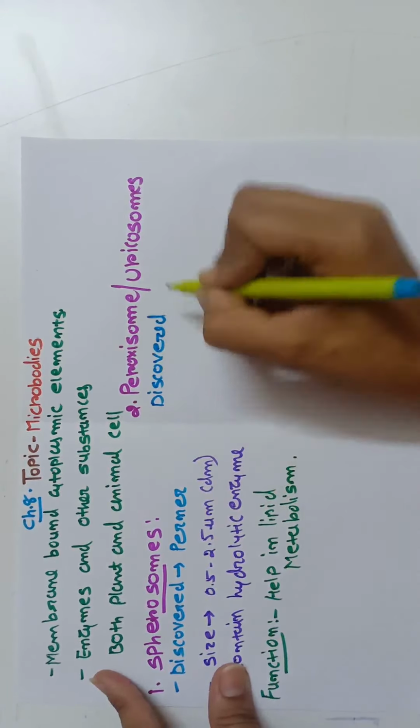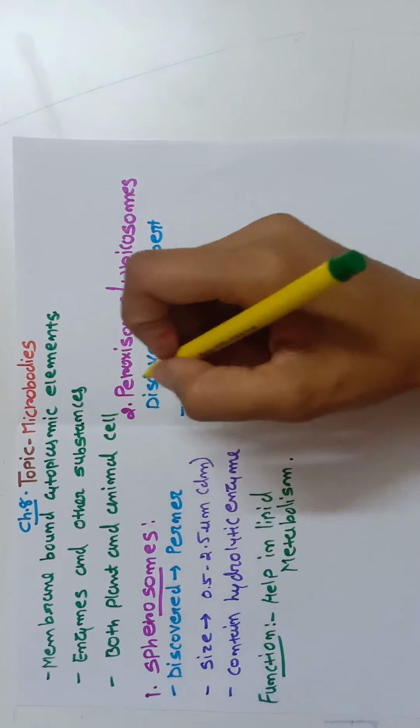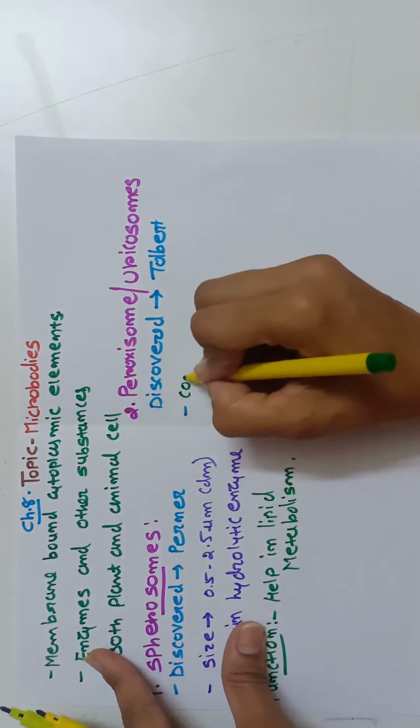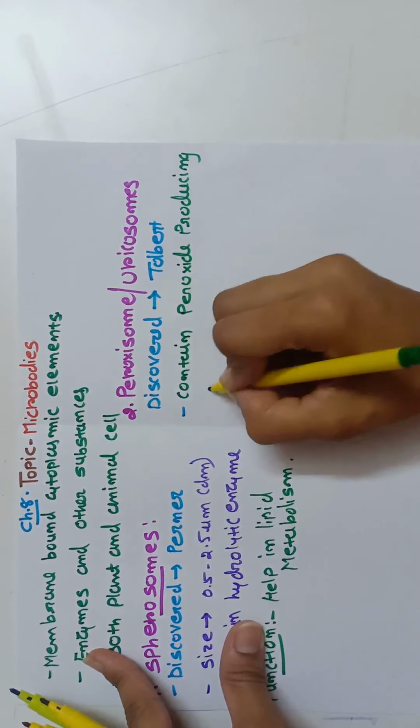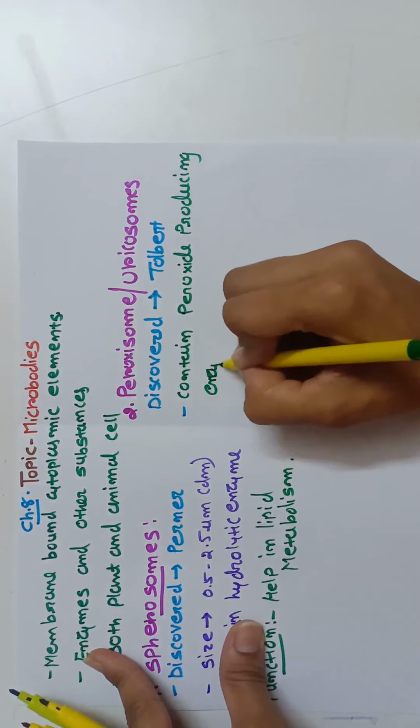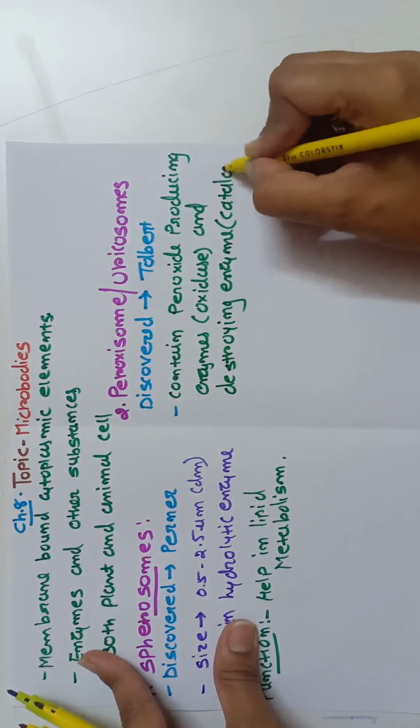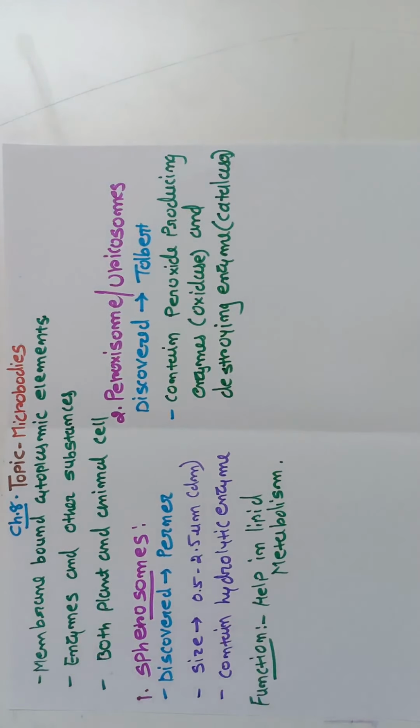These peroxisomes contain peroxide producing enzyme, that is oxidase, and also peroxide destroying enzyme, and that is catalase.